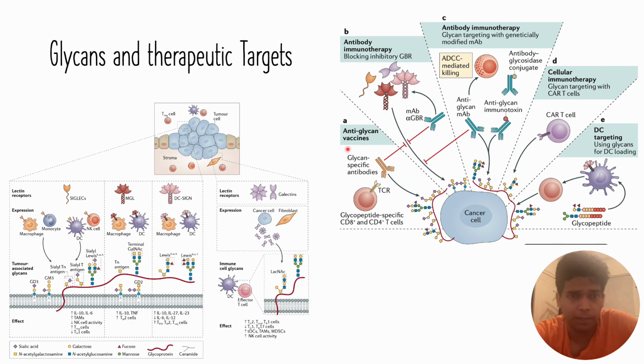So we will start with panel A. In this case, vaccines can be developed against the glycans that are expressed on the tumor cells, and these are more commonly known as anti-glycan vaccines. In this case, we will not only be able to target the tumor cells, but we can also distinguish them from the healthy cells.